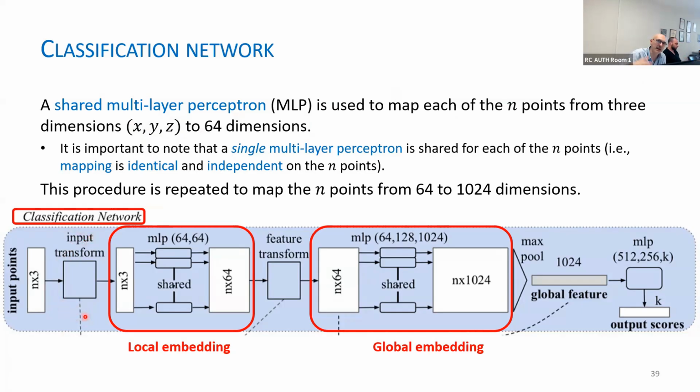I will provide you some details on this later. The idea is to normalize more or less the pose. So the idea is to center the geometry around the barycenter in order to make it independent from the position in the space, and then to have a canonical orientation for the object. So this is the part of this input transformation.